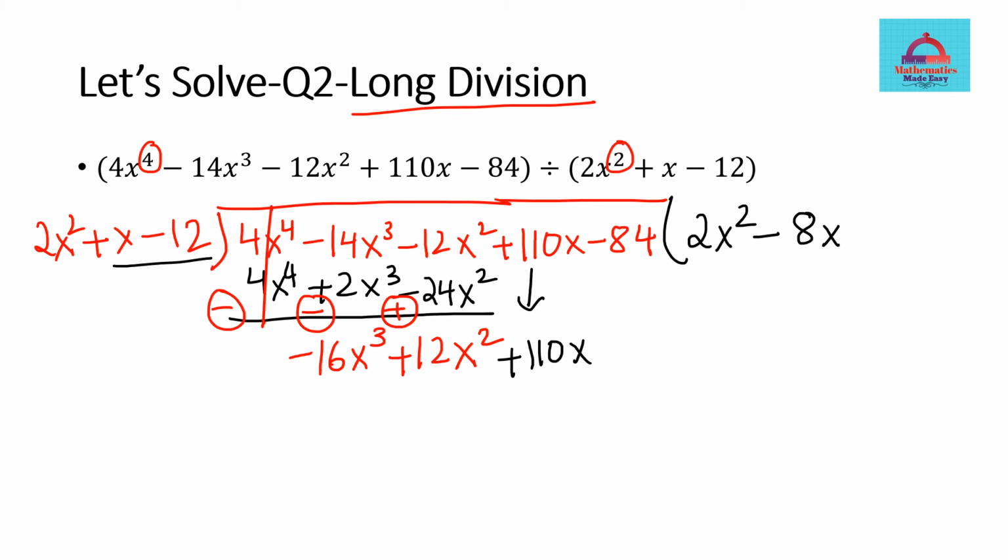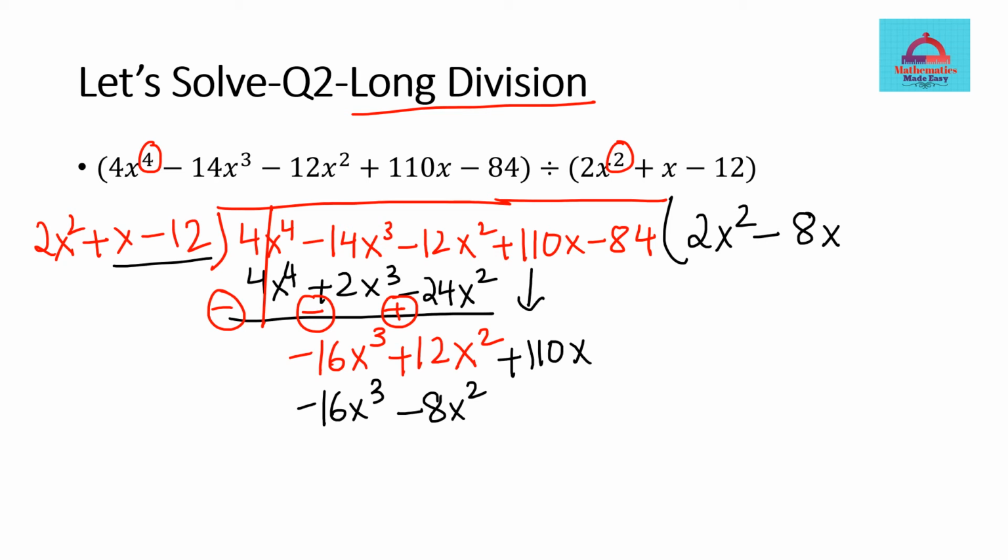Because when you multiply 2x squared with negative 8x, what you get is negative 16x cubed. That's what we want. Okay, now let's do the next term. Negative 8x multiplied with x is negative 8x squared, and then this negative 8 will be multiplied to negative 12 also.